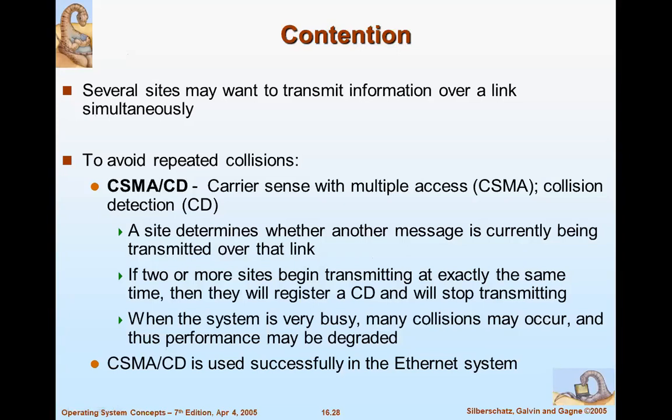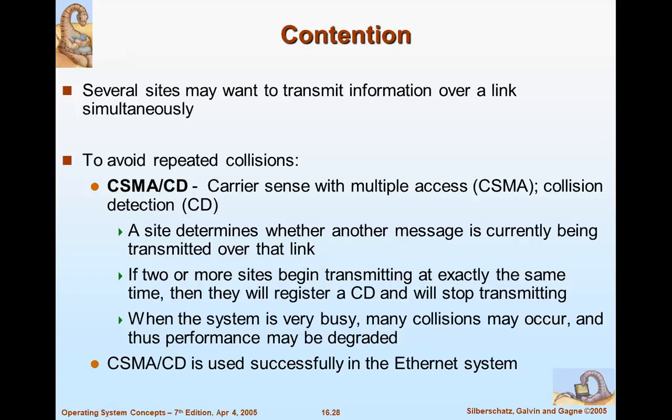If you try to access the media while it is busy, then there will be collision. So you have to stop the possibility of collision by stopping your data and your packets.